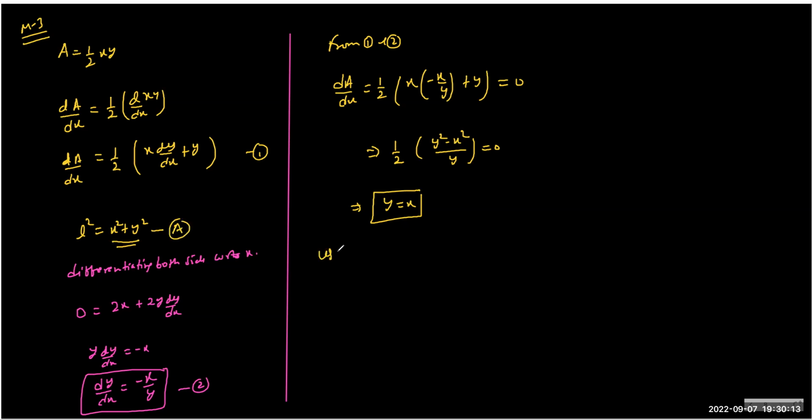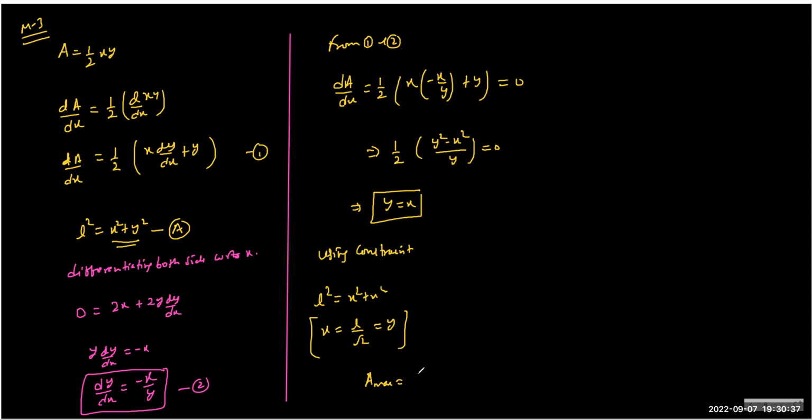So using the constraint, you get L square equals to x square plus x square. So x equals to L by root 2, and that is y. And now, because x and y are known to us, we can find the A max.